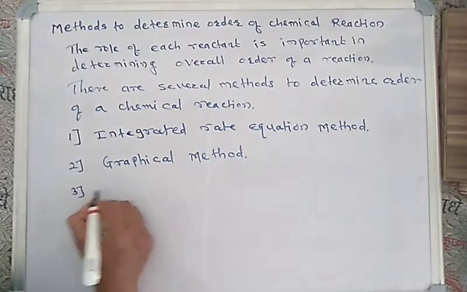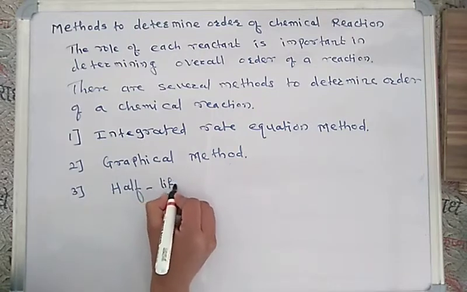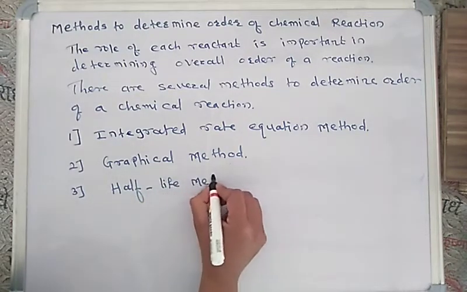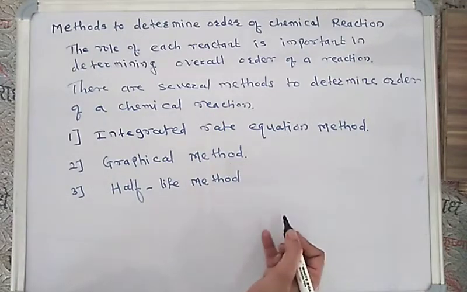The third method is the half-life method, also called the fractional change method.